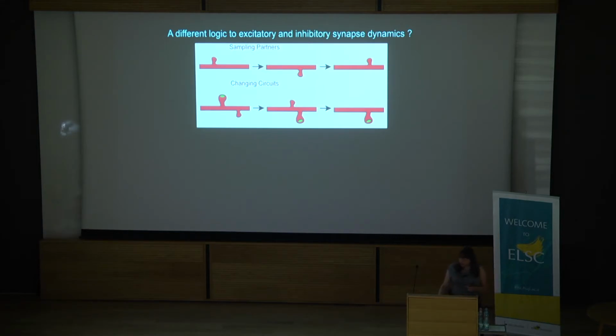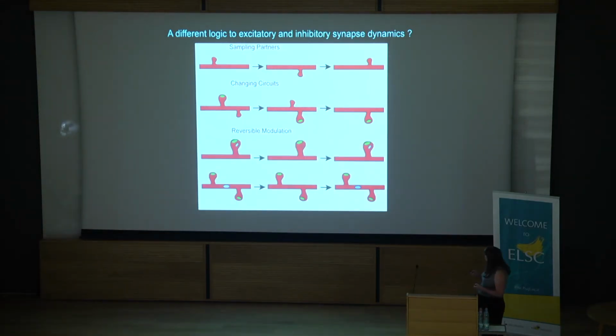In the case of the inhibitory synapses, what we're actually seeing is that they are coming and going in the same location. So that's not about sampling partners. What we're suggesting is that this is about reversible modulation at specific sites on the dendrite.